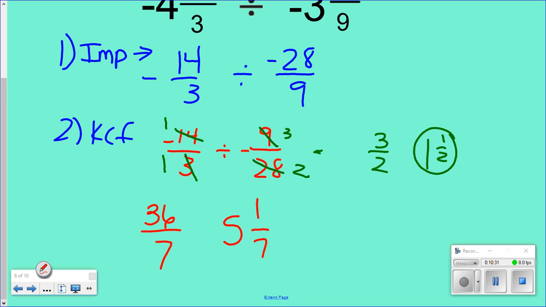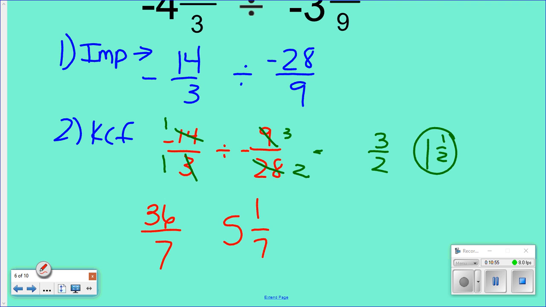Is that a little more sense? I feel like having a whole number makes it a little more understandable. Yep. Same rules. So that's why I prefer mixed numbers, because to me this means a little more than this. That's just me though. So, you guys have any questions so far?